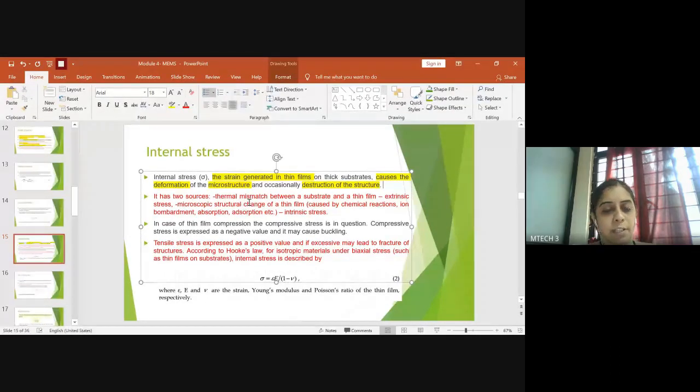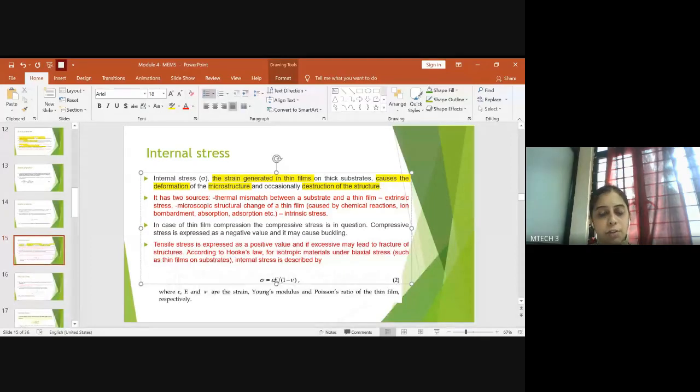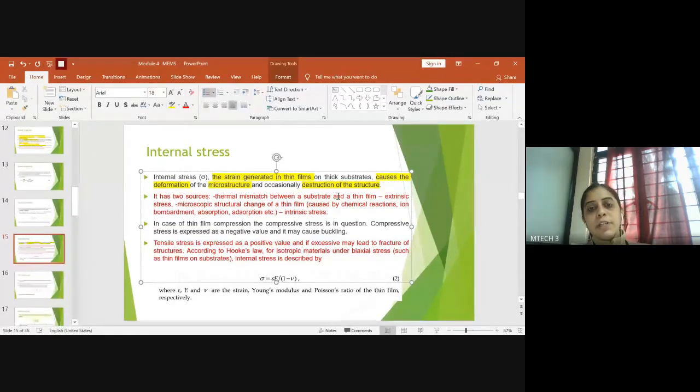So we were dealing with the internal stress. In this, you need to check how the deformation is coming into the picture due to the generation of strain. We prove that by observing the microstructure through SEM, which is nothing but scanning electron microscopy.